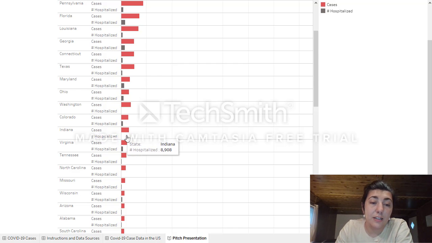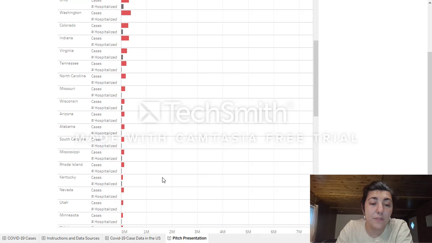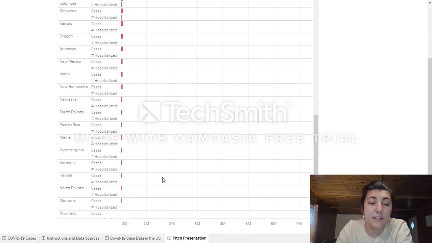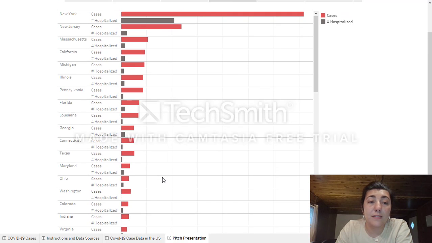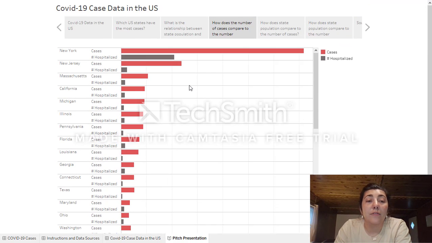And then Indiana, Tennessee, North Carolina. I just thought seeing the comparison like this is very interesting, because knowing the number of cases that had to be hospitalized is important, especially when we're talking about hospital beds and how many people we need to prepare for to be hospitalized.